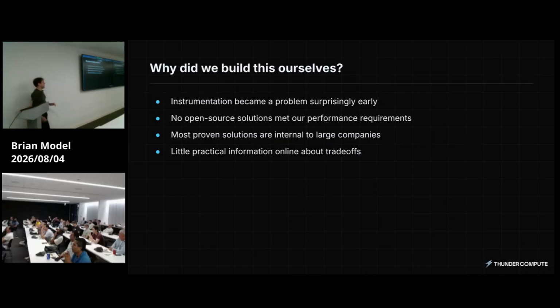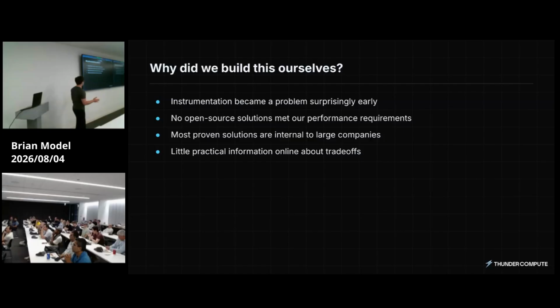The next thing is, why did we build this ourselves? It feels like something that should exist. To start, it's the instrumentation problem, and debugging this in production became a problem very early on. The moment we ship this to customers and users, we need to be able to debug their errors, so we can't build a half solution here.